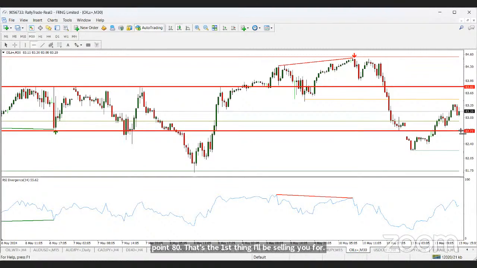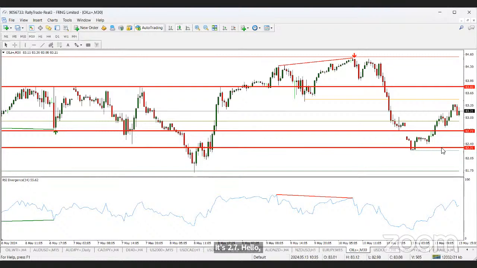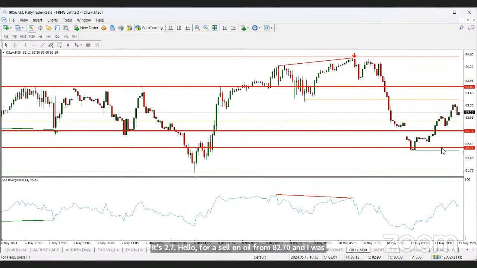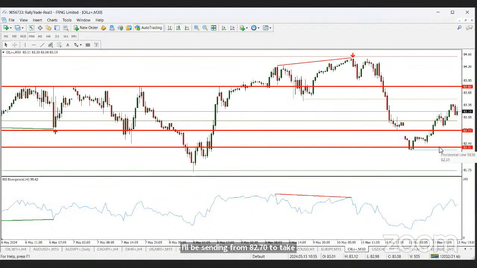Also I'll look out for a sell on oil from 82.70, and I'll be taking profit at 82.30. Okay, so I have two sell positions.